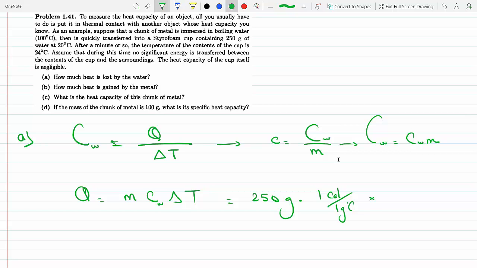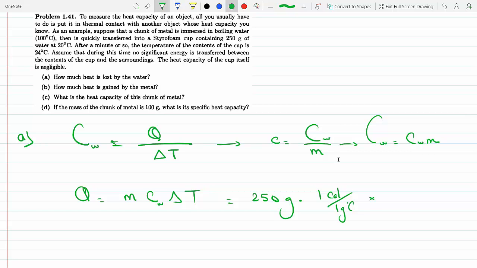Oh, by the way, I failed to mention that the same heat that was lost by the boiling water to the metal will be the same amount that was gained by the water in the styrofoam cup from the metal.